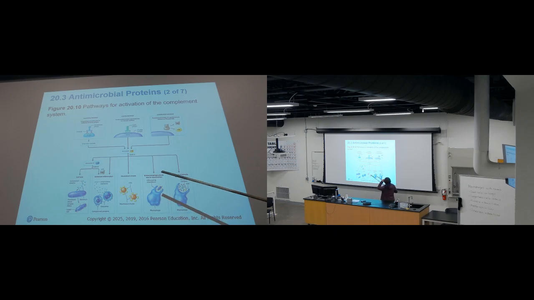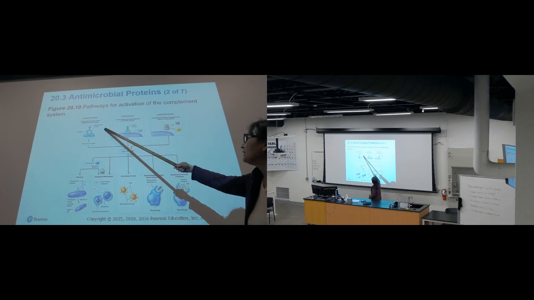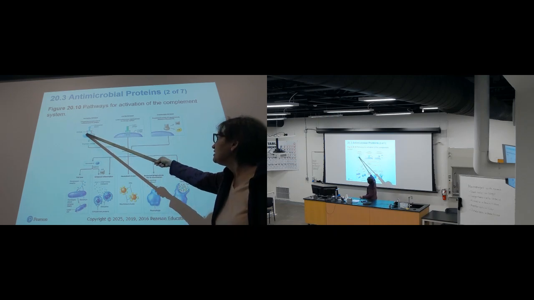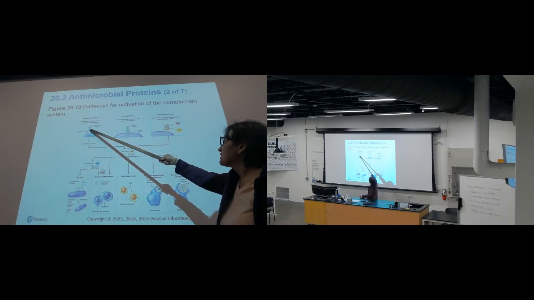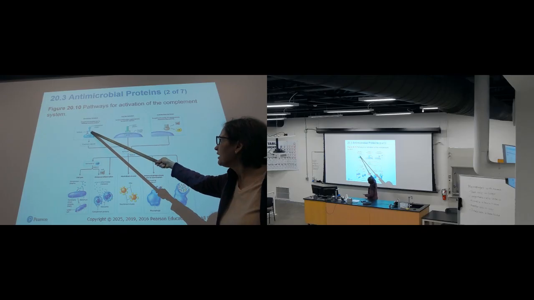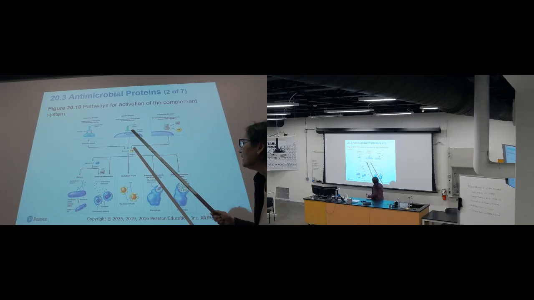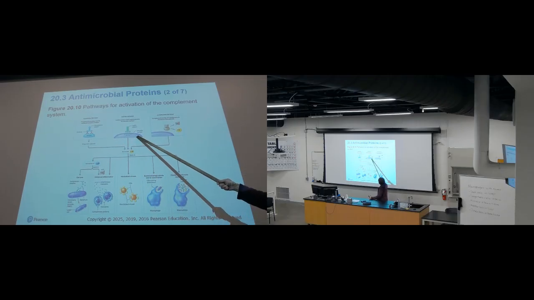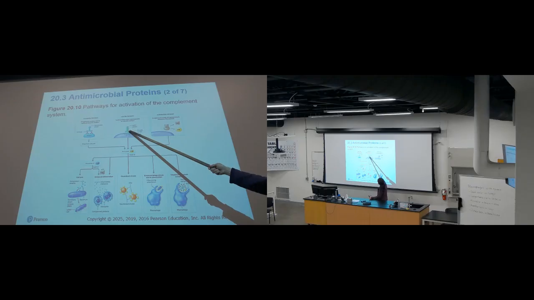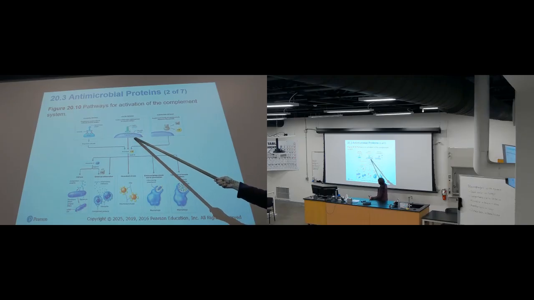So here is the classical pathway in which you have an antigen bound to antibodies. So in this case, the complement system binds to this part of the antibody. Then if you have a microbe that has certain proteins on its surface, then this lectin protein will bind to certain carbohydrates.